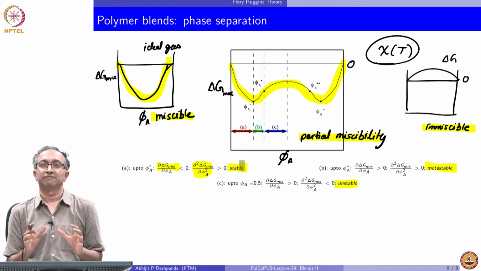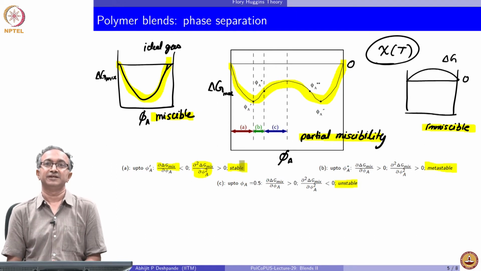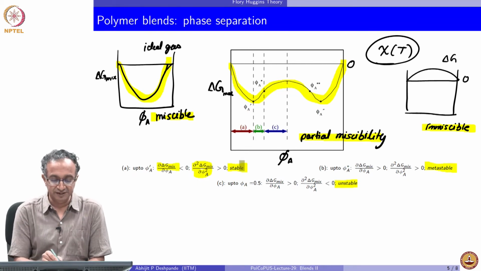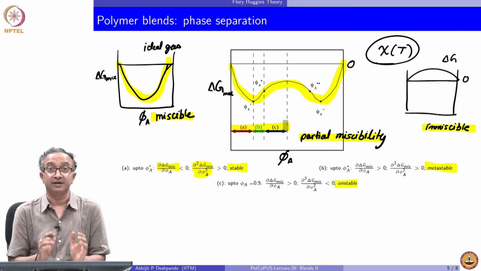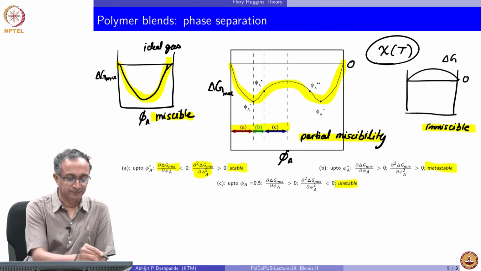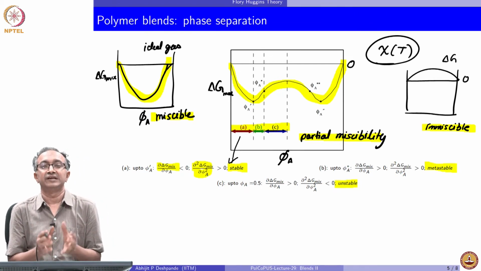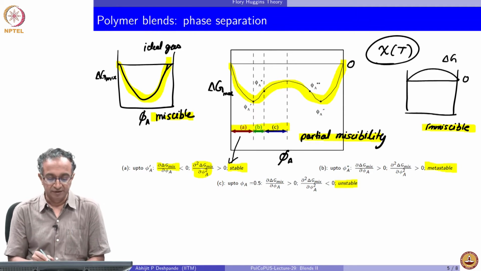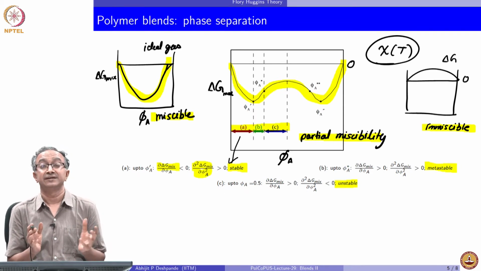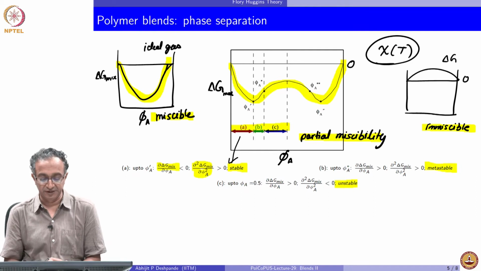Those of you who have learned about the concept of stability based on looking at the curvature can understand this: we can split the overall region into three regions, A, B, and C, where A is the stable region. That means any mixing of A and B in this region will lead to complete miscibility. But in B and C, there is immiscibility, partial miscibility observed.